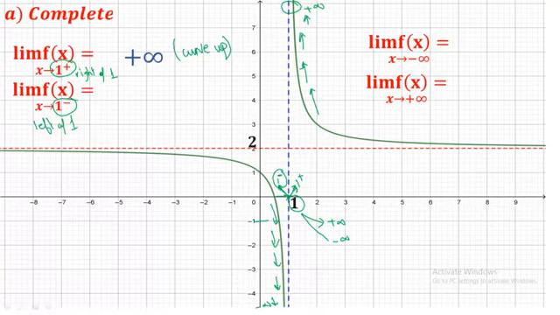X tends to 1 minus, and the value of y is decreasing and becomes smaller and smaller to minus infinity. You can see it that the curve goes down. So here we can say limit as x tends to 1 minus of f of x is minus infinity.